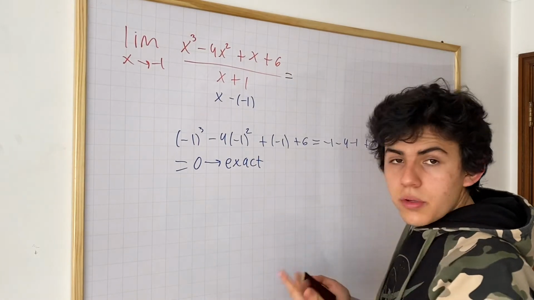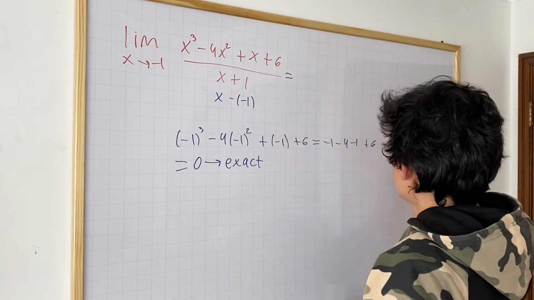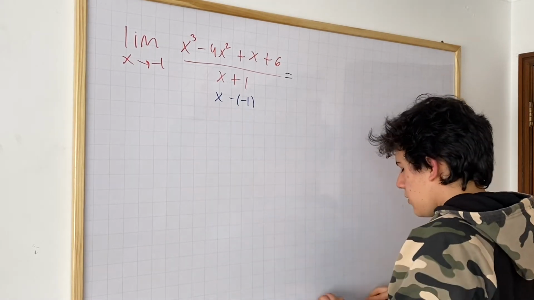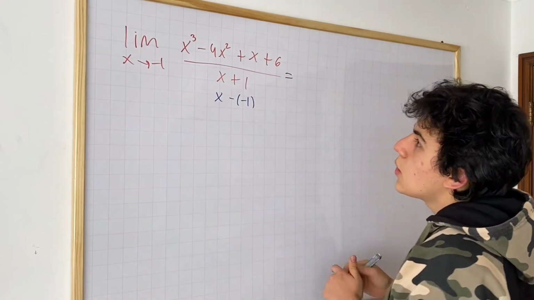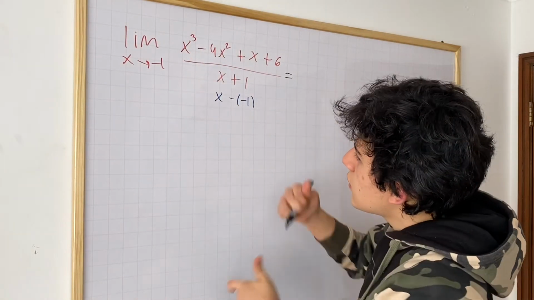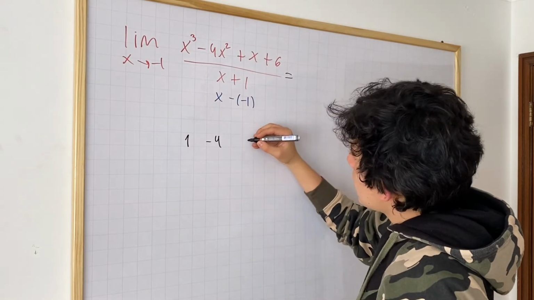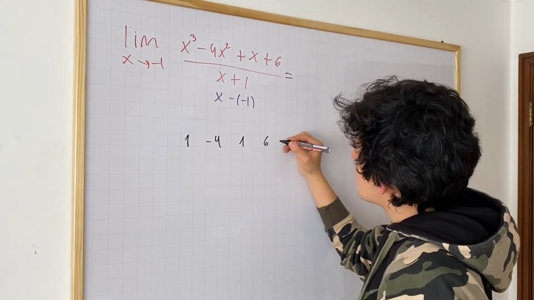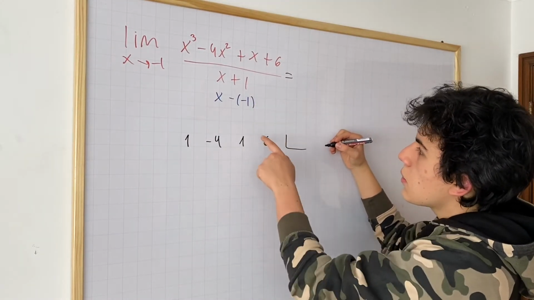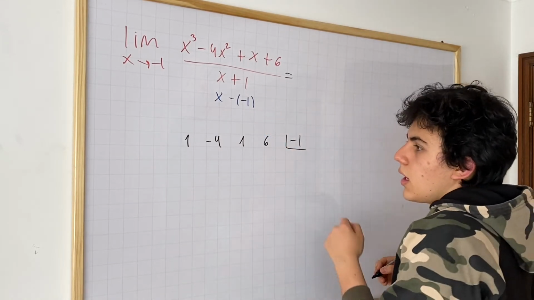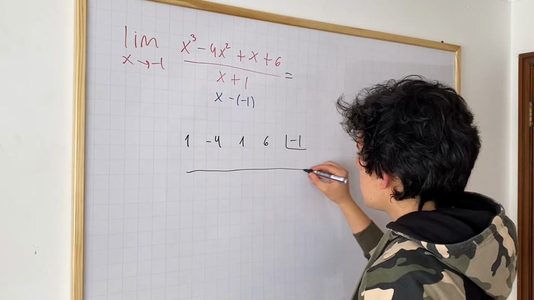What should we use? Well, we could use synthetic division and play with the coefficients. So we know there is a coefficient of 1, there is -4, there is +1 and 6, and we're going to be playing with -1.